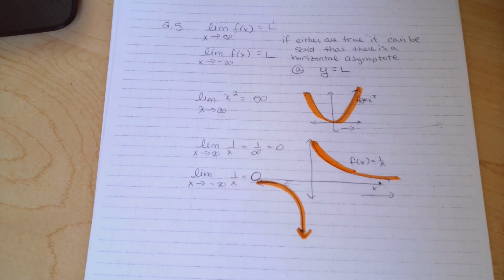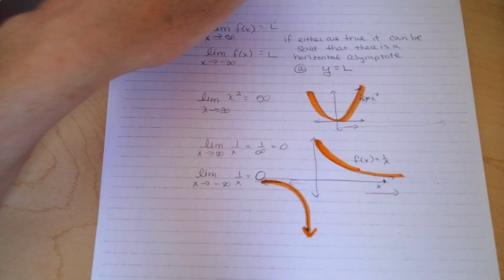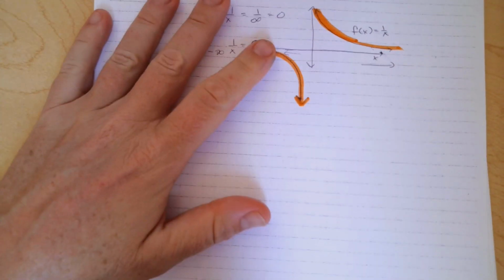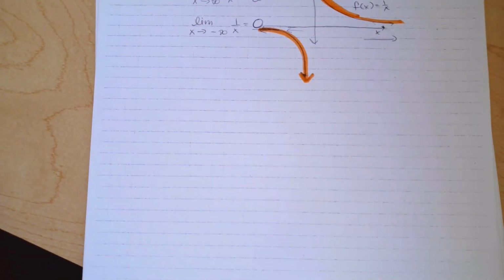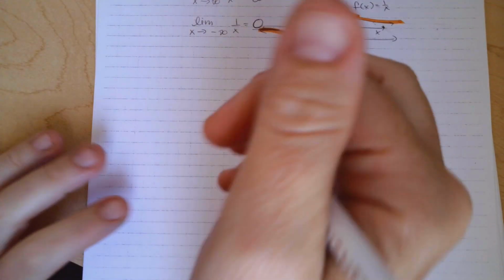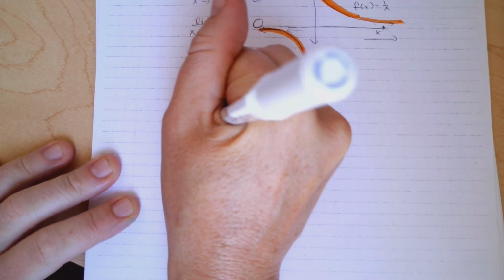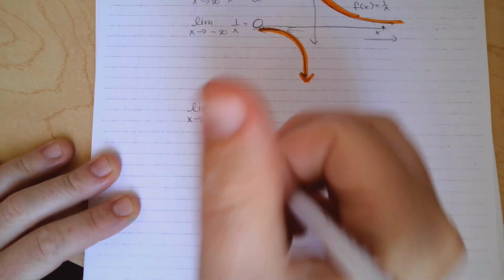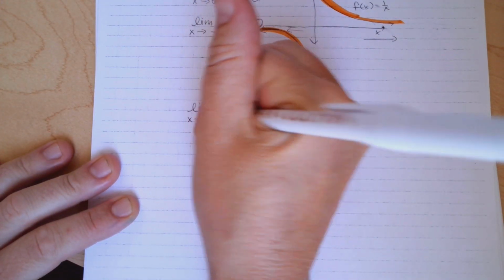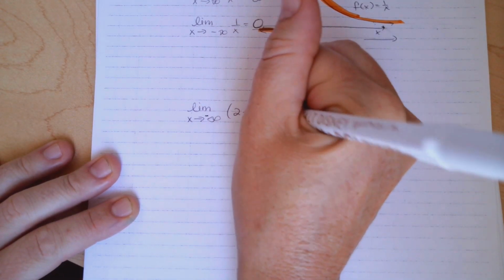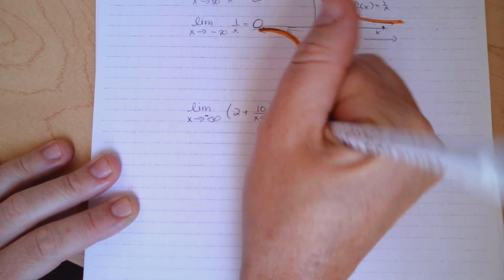Let's go ahead and do another one. Let me see if I can raise this up and refocus. Looks not that bad. So we have the limit as x approaches negative infinity of 2 plus 10 over x squared.